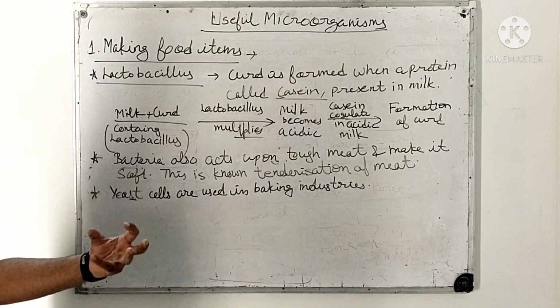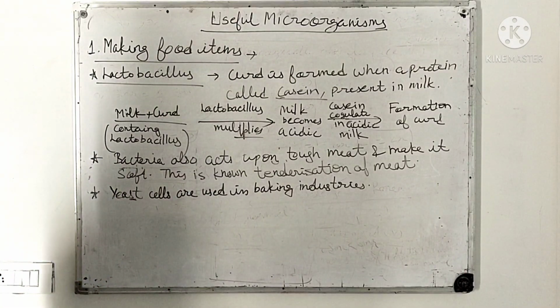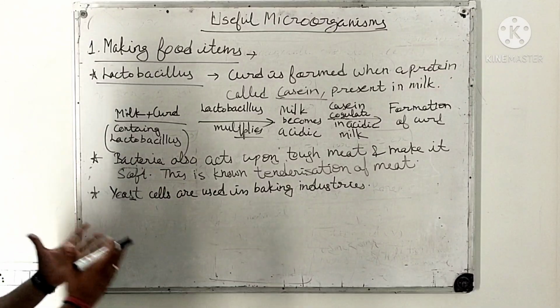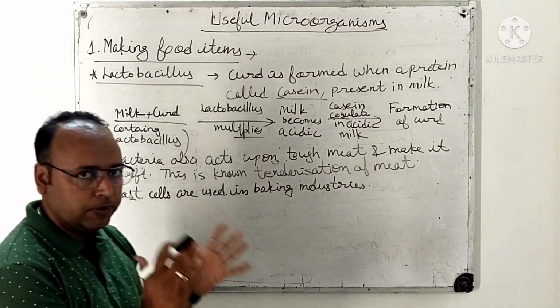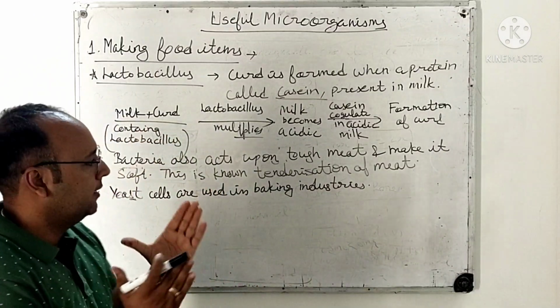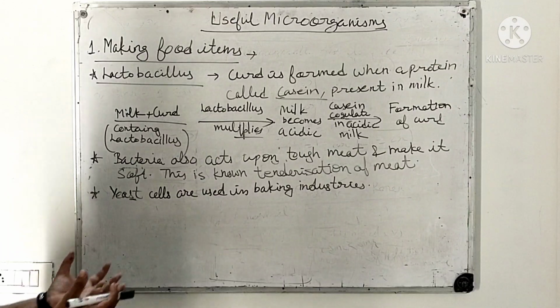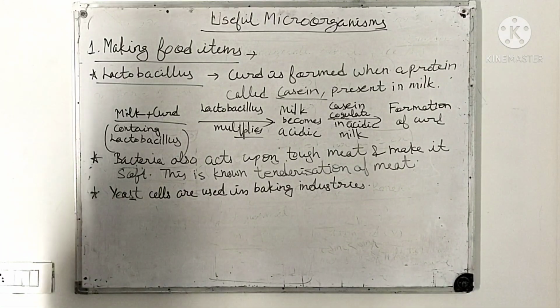Then it starts growing, and during the breakdown of sugar, carbon dioxide and alcohol are formed. This process is known as fermentation. Then the dough starts rising due to the carbon dioxide.